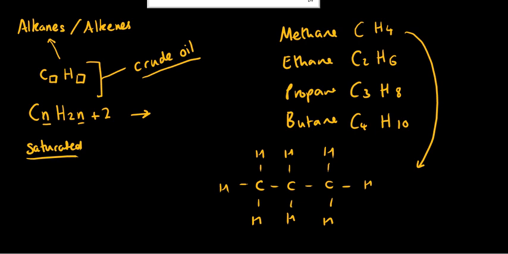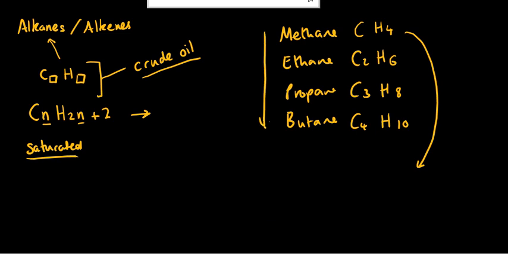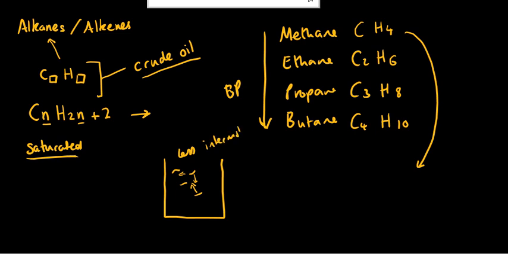Okay, so one of the properties of alkanes is that as they get longer, their boiling point increases. A reason for that is that if you have, say, a beaker with a load of short chain hydrocarbons in, the force of attraction between the molecules is slightly less, so we say it's less intermolecular force.